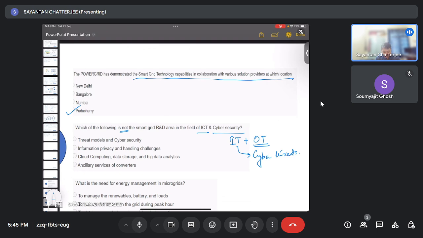There can be attacks that we have discussed, like denial of service (DoS) attacks or false data injection attacks. Then there are information privacy and handling challenges, cloud computing, data storage, and big data analytics, where data analysis takes a major role in operation and control.